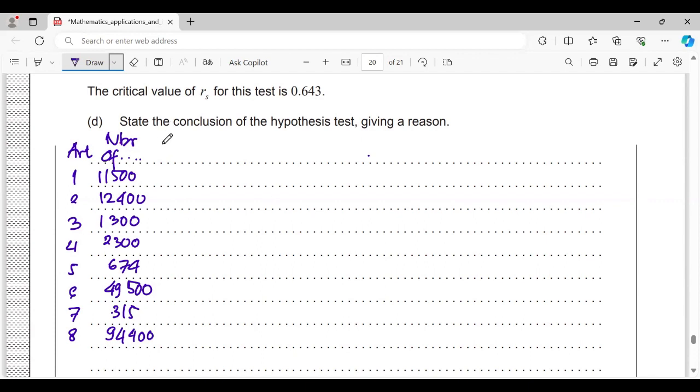And after that, the rank: 4, 3, 6, 5, 7, 2, 8, 1. That is the table.